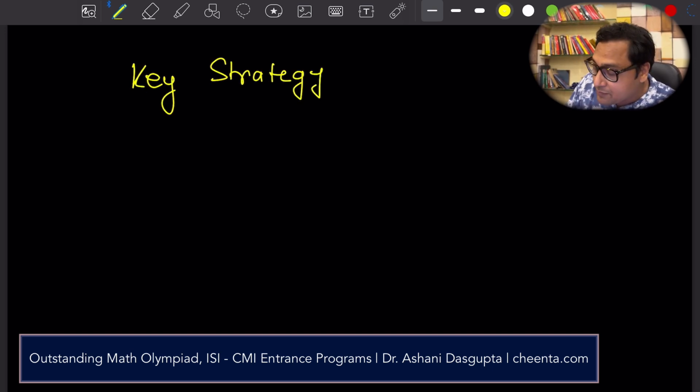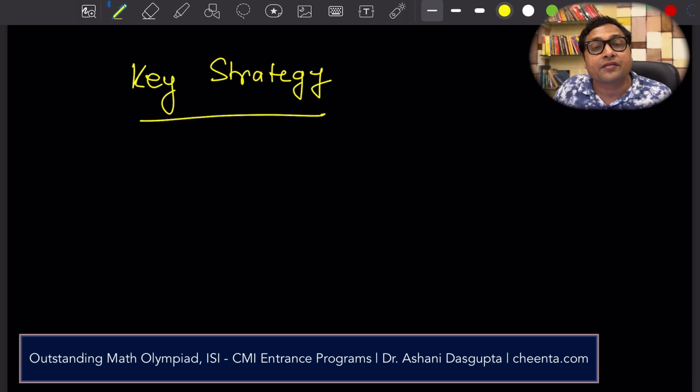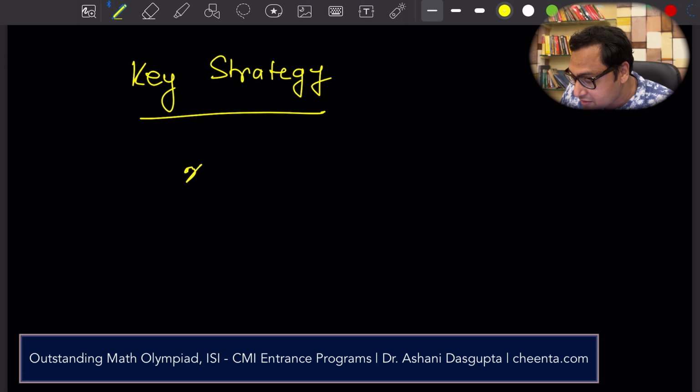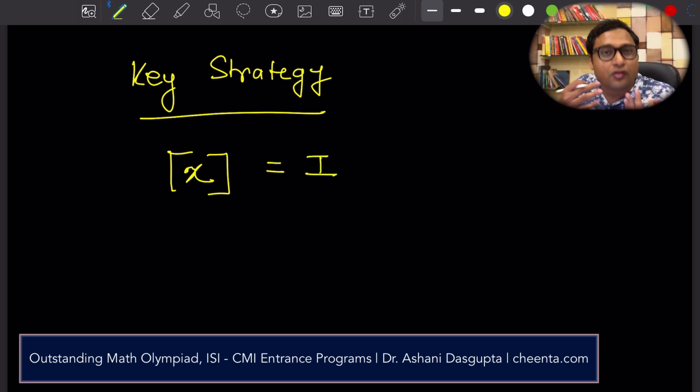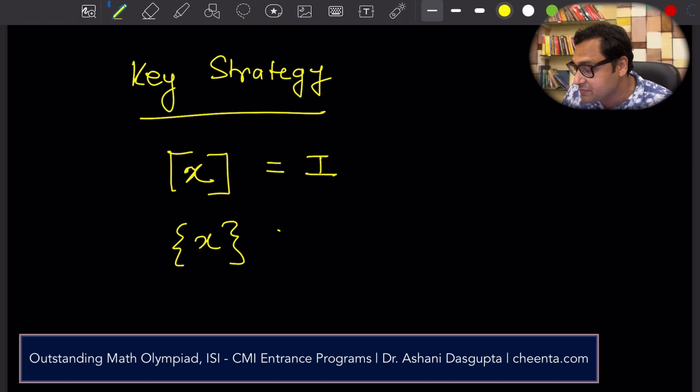Here is a key strategy to attack problems involving the greatest integer function. Suppose you have a number x and you take the greatest integer function of it. We will call it I, for integer, and there is a fractional part of it, denoted by curly bracket x. This is sometimes denoted by f for fractional part.